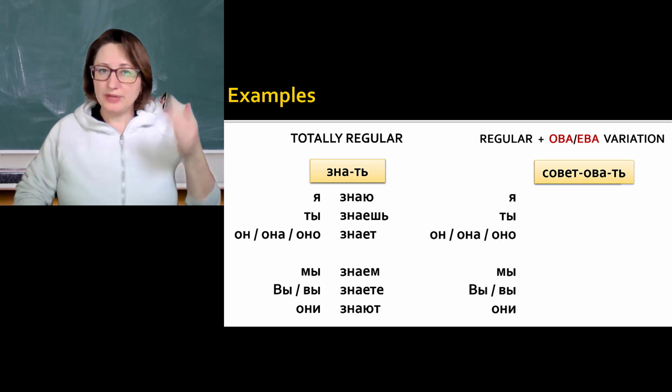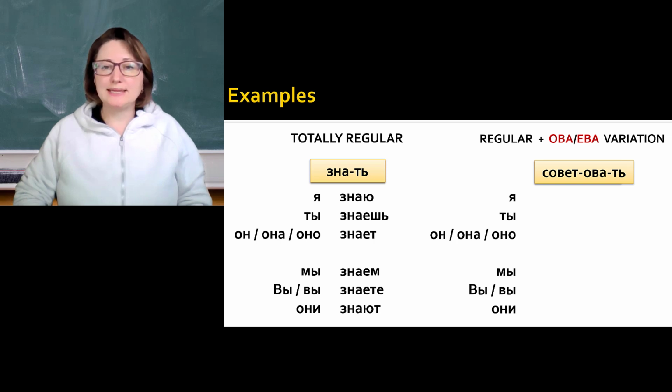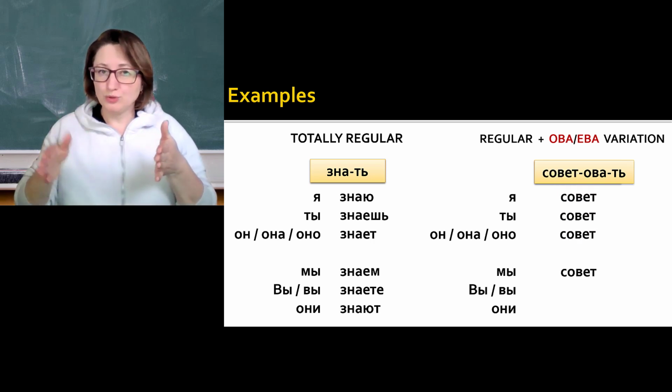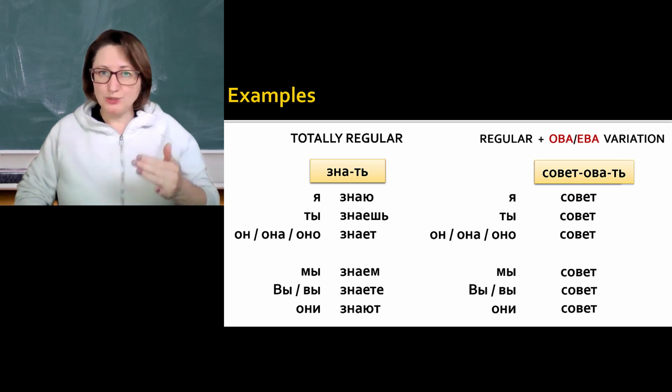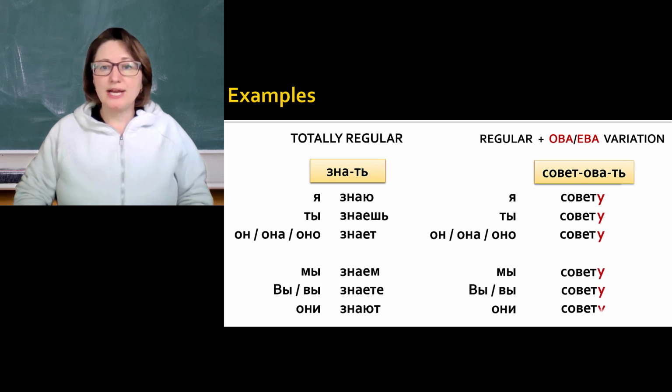So then when we have to conjugate for every personal pronoun, once again, we take the first part, in this case, the part up to ova or jeva, and we're going to use it for all of the forms. Then we have to remember that ova is going to change into u. So that's what we will have here.